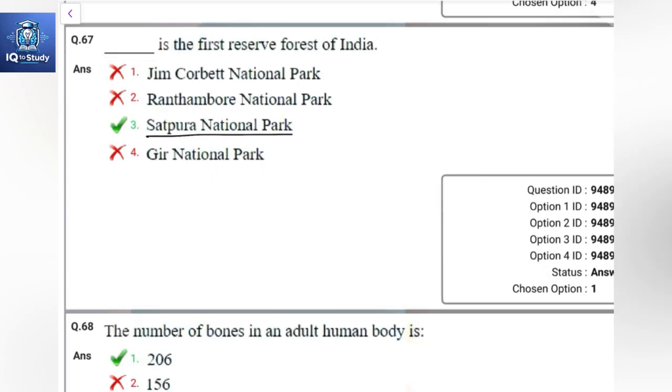Satpura National Park is the first reserve forest of India. Satpura National Park is in Madhya Pradesh, India, in Hoshangabad district.